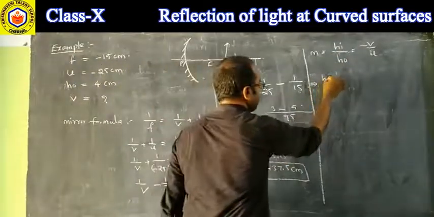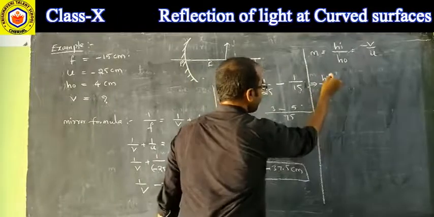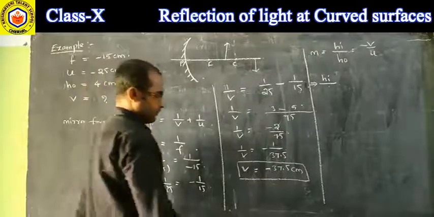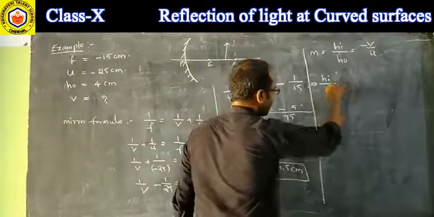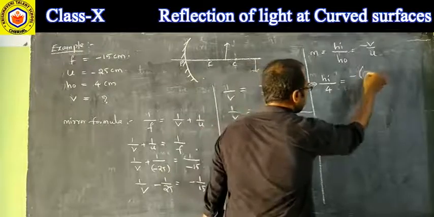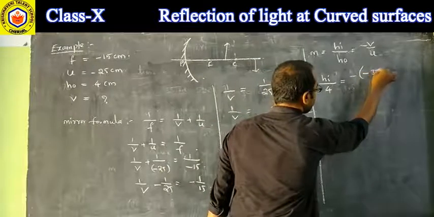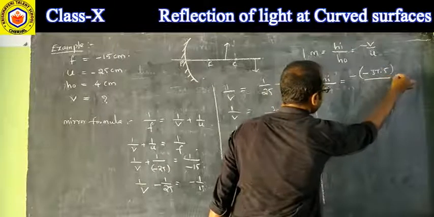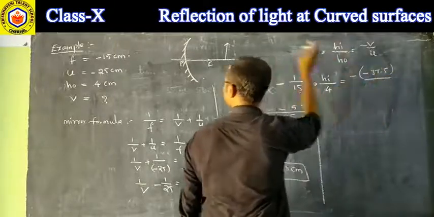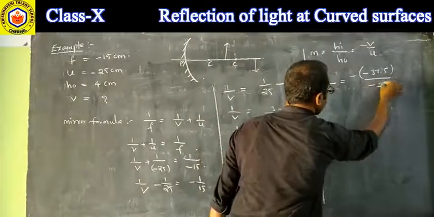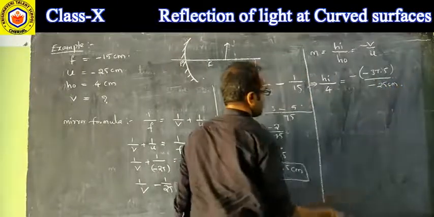So HI by HO, the height of the object, is 4 centimeters, positive, and minus V, where V is minus 37.5 centimeters, by U, which is minus 25 centimeters.